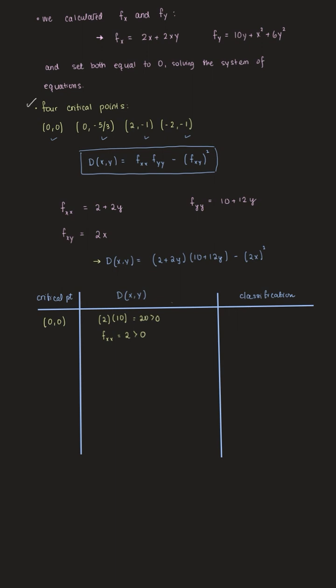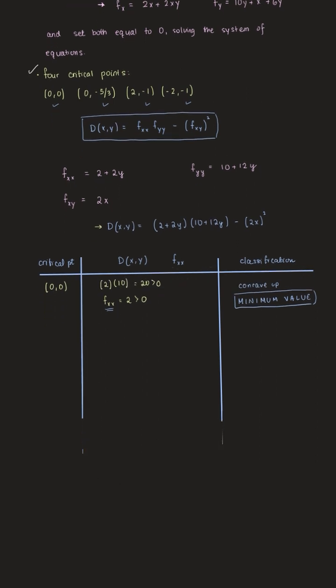And if they're both positive, that means that our function is concave up in both directions. And so we have a minimum value at this critical point. So we have found that our discriminant is positive, and the second derivative with respect to x is also positive, which gives us a minimum value.